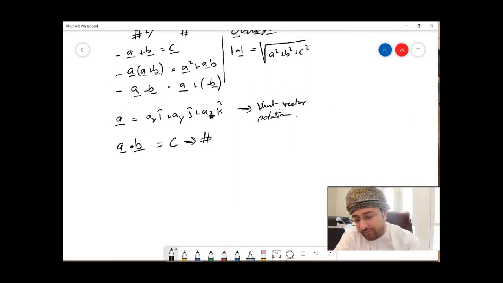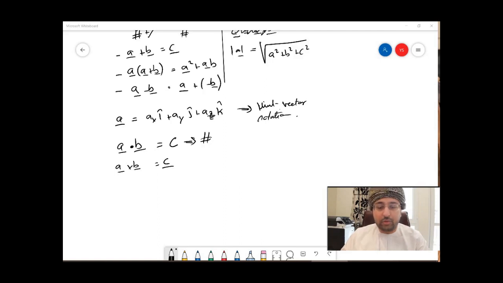Okay? However, if we do A cross B, then we get C. So how did the two multiplications work?